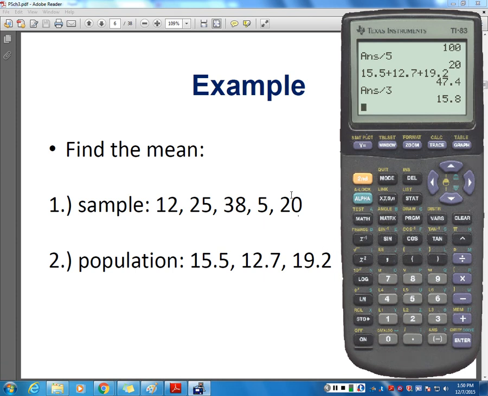Well, there's another way that I can find those numbers using the list tool in my calculator. Here's how to do that. I press the Stat button right here in the middle of the calculator up towards the top and press Enter, and that takes you to your list. So, for example, in number 2, I would type in my numbers in list number 1.